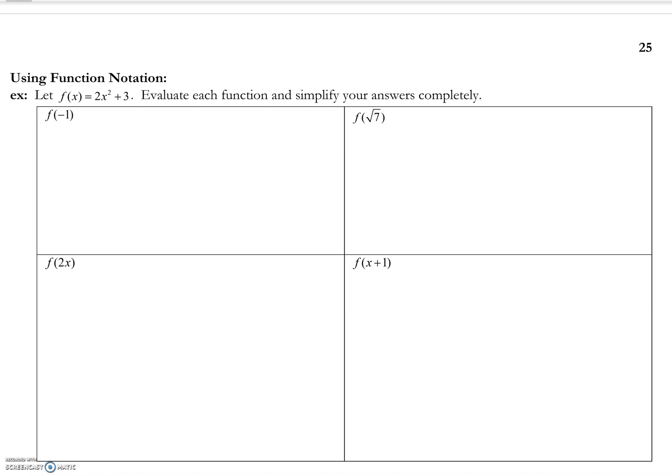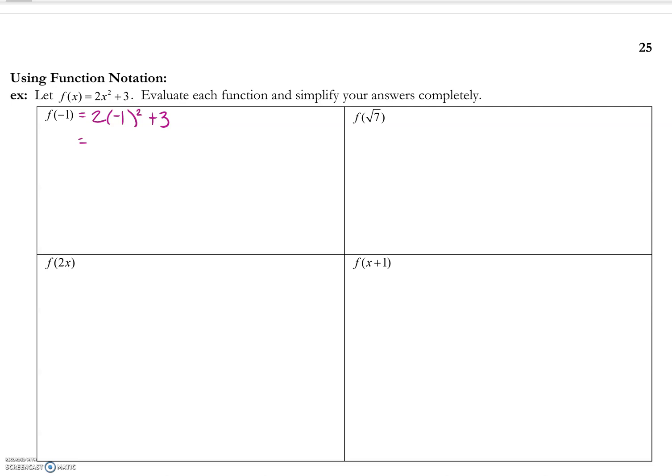So for f of -1, I notice that -1 is inside the parentheses, just like the x is here. As a reminder, -1 is an input, meaning that in this function, wherever I see the variable x, I'm going to replace it with -1 instead. Now I just have to remember order of operations to simplify this expression. The first thing I work with is my exponent.